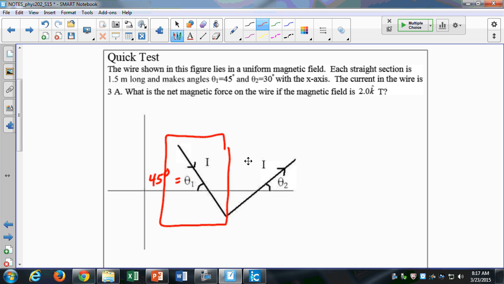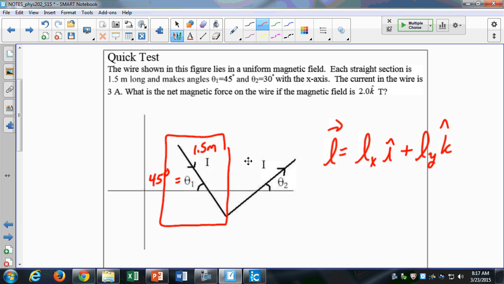In order to do this, you first need to define what is L. So L will have both x and y components. The vector L will be Lx in the i direction plus Ly in the j direction. So you need to figure out what are those x and y components of L. I know this wire is 1.5 meters long, and I know this is an angle of 45 degrees.